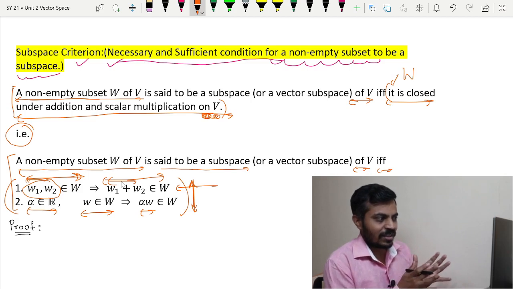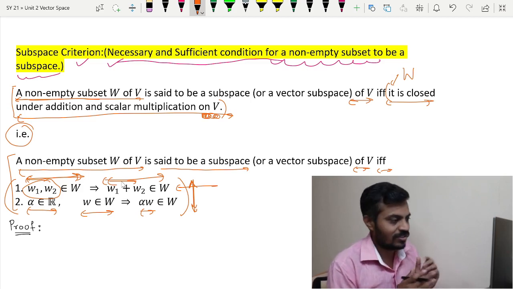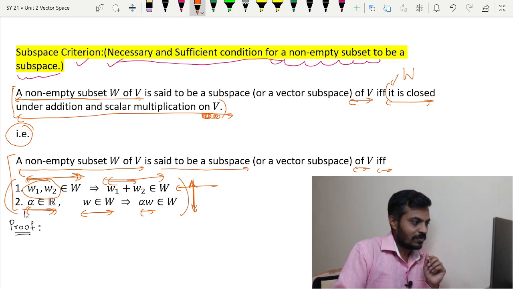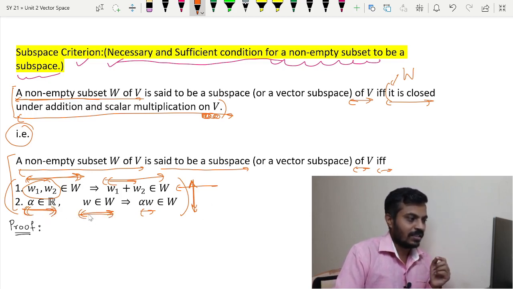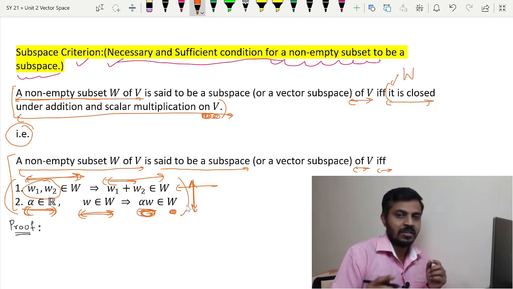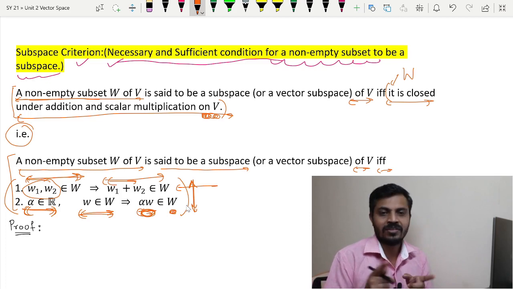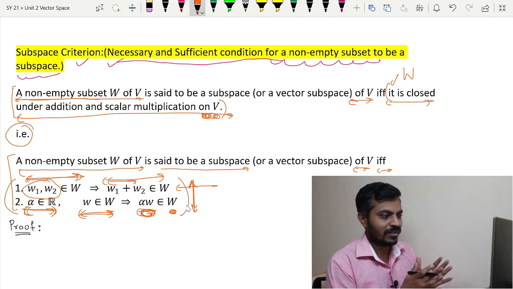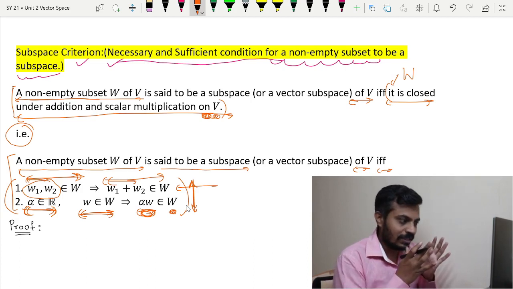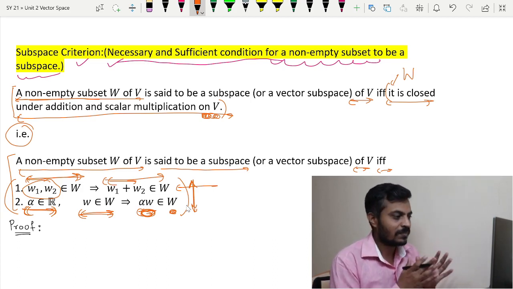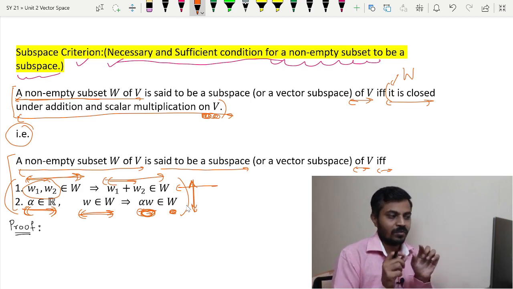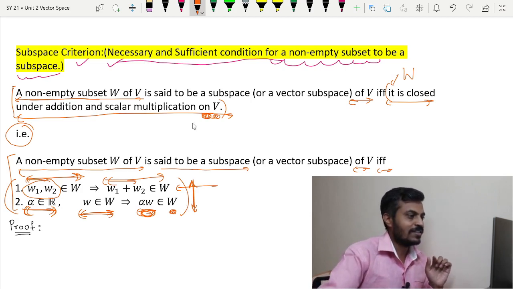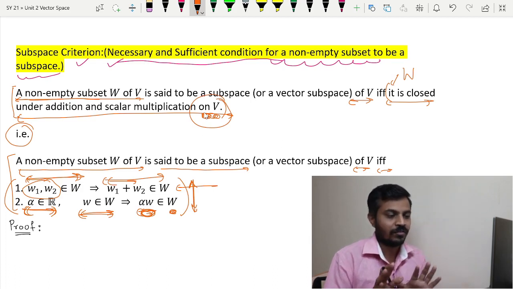So over here we are showing that W is closed under addition, and in the next property we are taking alpha from R and we are taking w from W, and we are showing that this alpha w belongs to W. So this resembles the definition of set closed under scalar multiplication. So over here we are showing that W is closed under scalar multiplication, but whatever the addition and scalar multiplication is there, that is from V only.